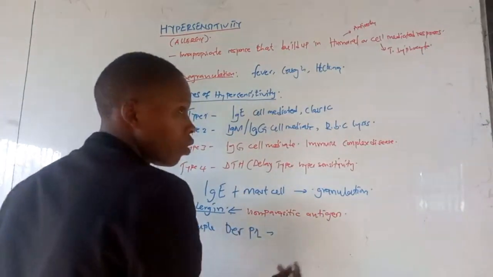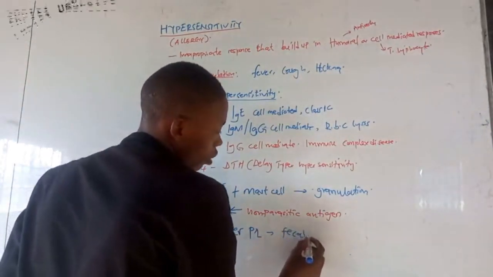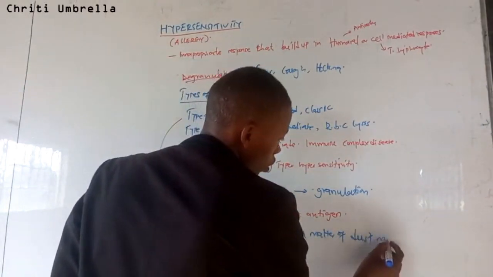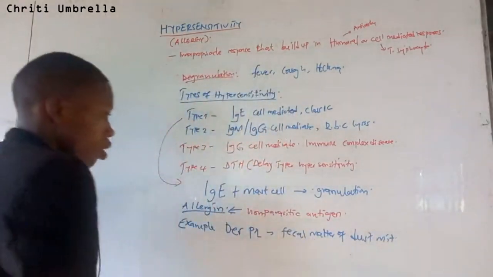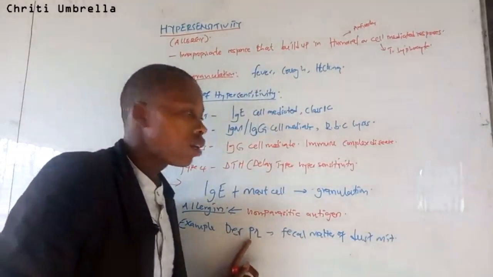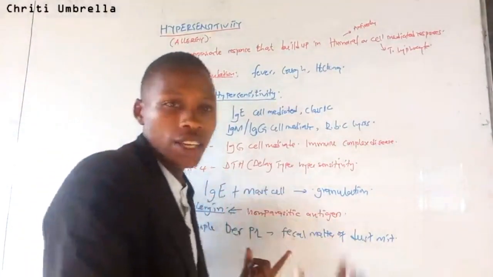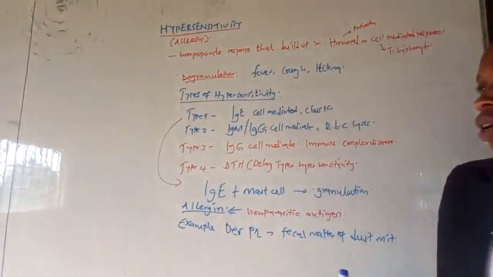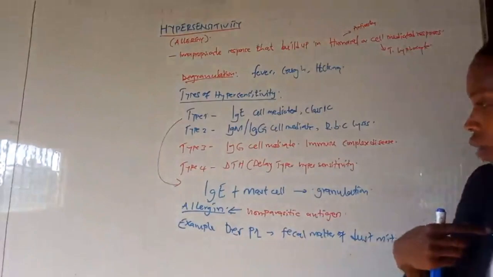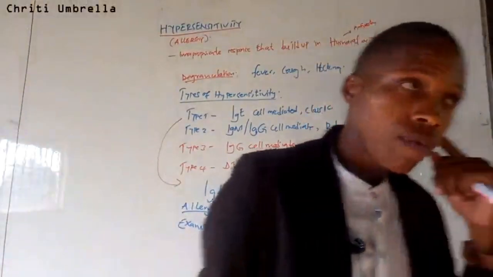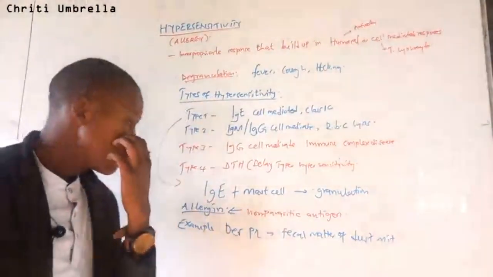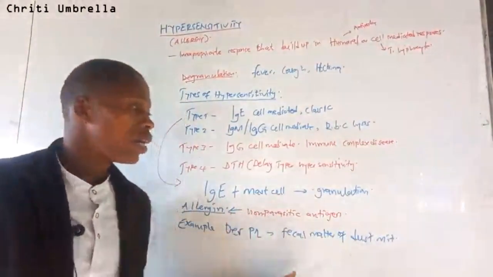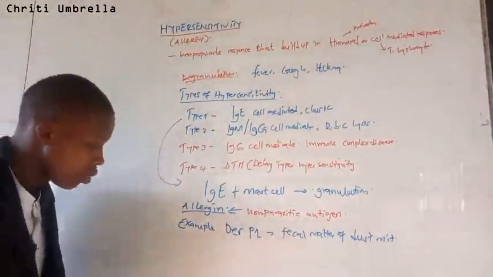This DP1 is found in the fecal matter of the dust mite. It moves in the dust, and it will be inhaled into our respiratory airways, and once it enters there, it will interact with the mucosal cells and disorganize what we call tight junction. So they will enter there and cause that hypersensitivity, as we have seen here.